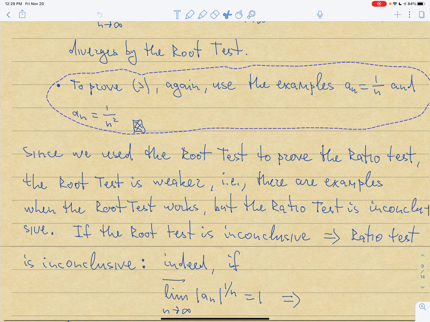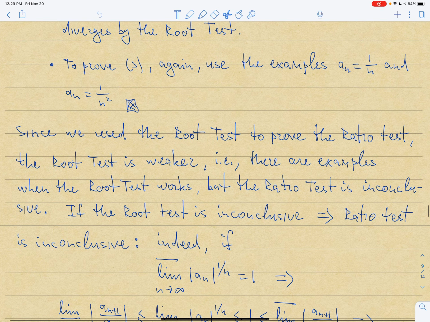One important fact here is that in order to demonstrate the ratio test, we use the root test. So that means that the ratio test is somehow a weaker statement.